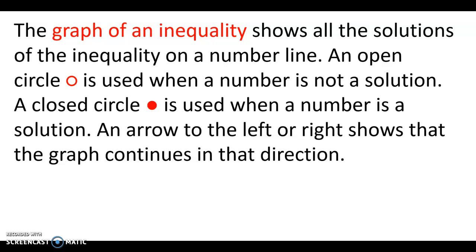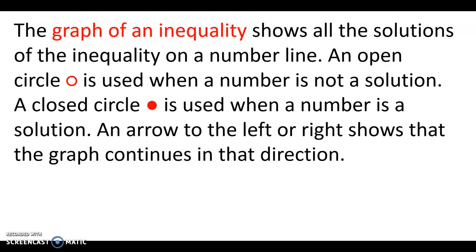An open circle is used when a number is not a solution. A closed circle is used when a number is a solution. An arrow to the left or right shows that the graph continues in that direction.